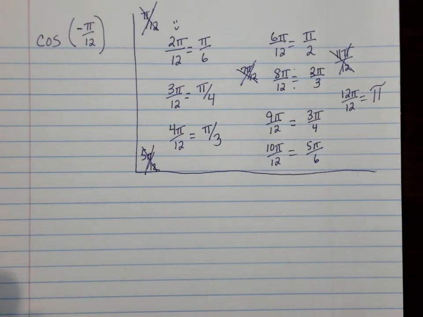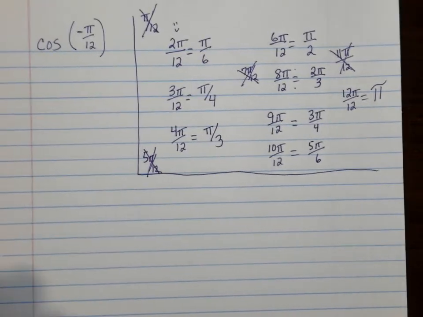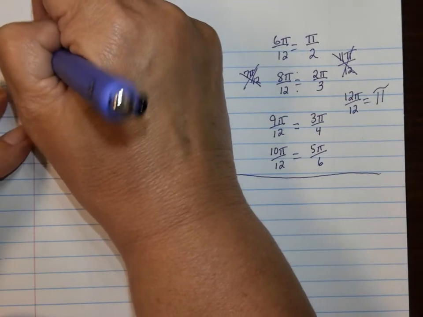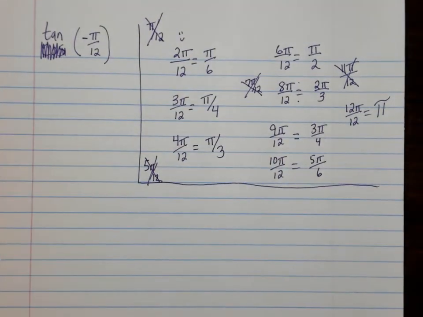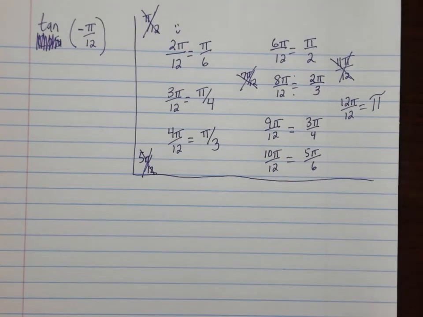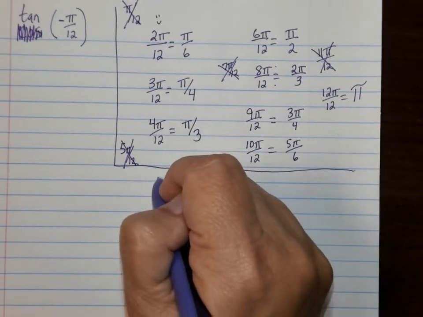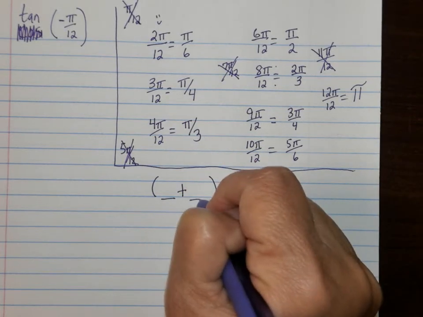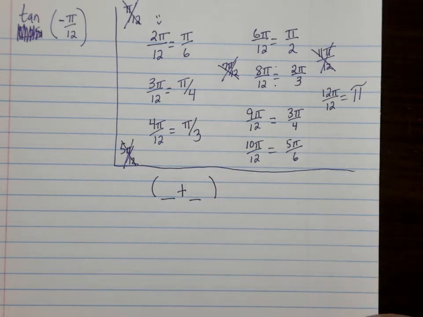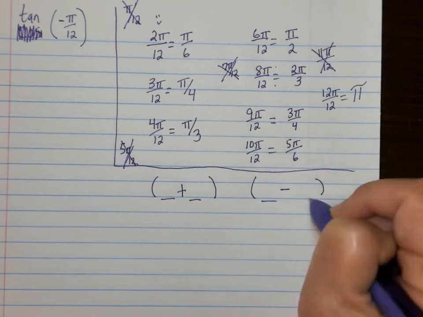So, we got the cosine of negative pi over 12. Actually, you know what? Let's change this to be tangent. That's more exciting. Tangent of negative pi over 12. So the first thing I want to think about is, how can I get a pi over 12? Either adding two things together to get pi over 12, or subtracting two things to get pi over 12.